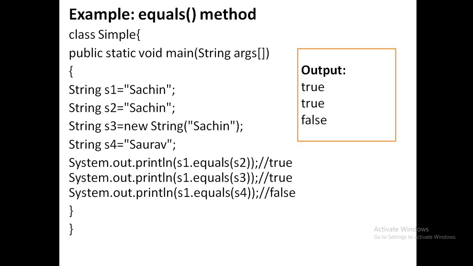While printing the comparison of s1 and s2, it prints true as both have the same string values. Comparing s1 and s3 by calling the equals method, it returns true. Similarly, s1 equals s4 returns false because s1 and s4 have different string values.